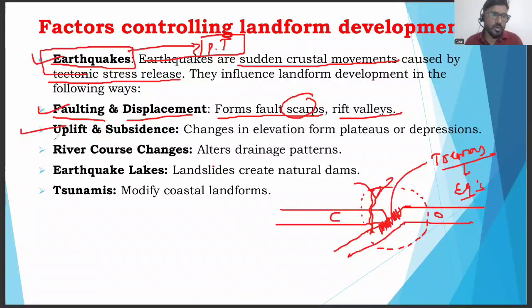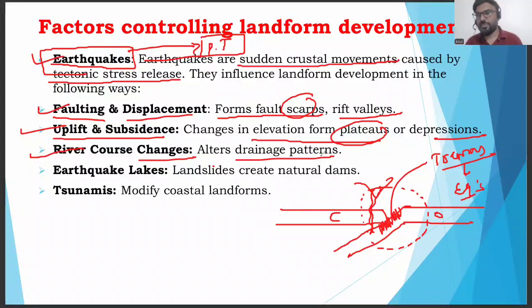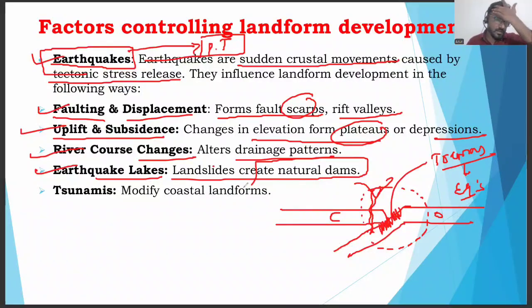Upliftment and subsidence, changes in elevation, form plateaus or depressions. Even river courses change, altering the drainage patterns. Earthquake lakes could be formed, and landslides create natural dams. Friends, these are the important ways through which earthquakes act to modify or control landform development.